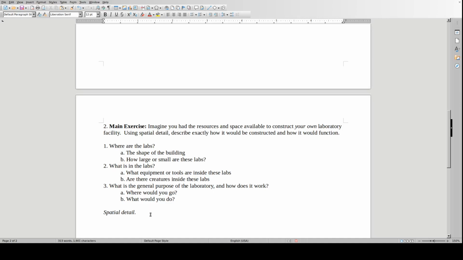Then we use spatial details so that if someone were to actually go in your imagined building and try to perform one of the experiments that you are imagining, would they be able to do that, or at least conceive of how they were going to do that?